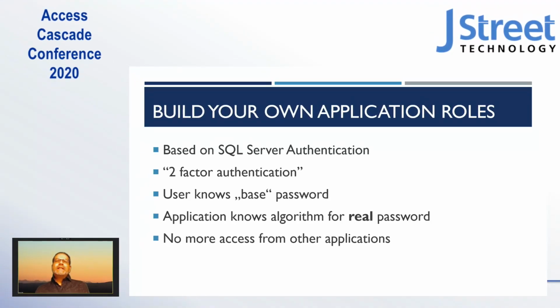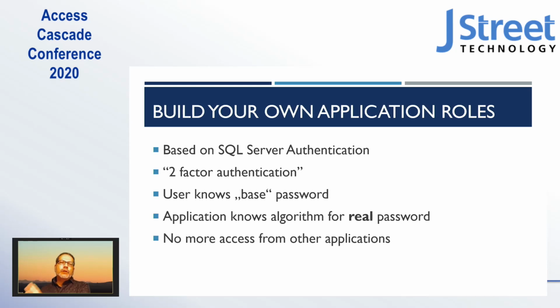So what I did here is basically I built a sort of two-factor authentication mechanism. This is all based on SQL Server authentication, obviously, but it added a twist, a second factor. The user just knows his base password, what he thinks is his password, and that still identifies him as a person. And the application knows an algorithm. The application is the second factor here.